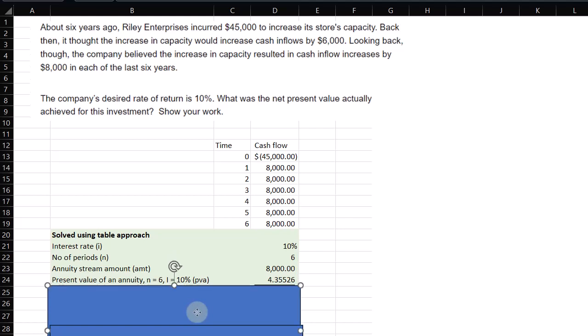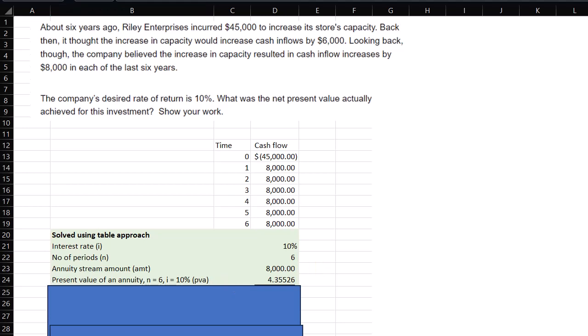That means we're assuming the payment occurs at the end of the period, not the beginning, where the number of periods is 6, given by the variable n, and the interest rate, given by the variable i, is 10%.